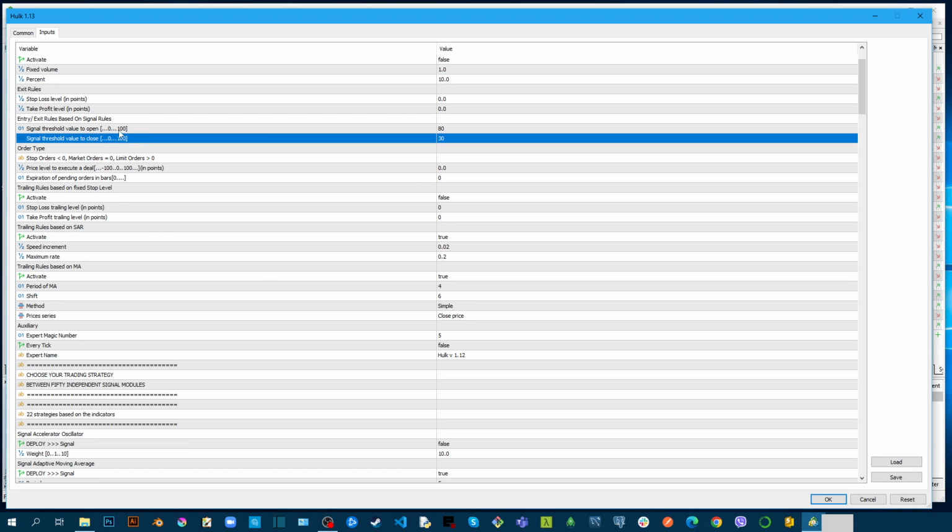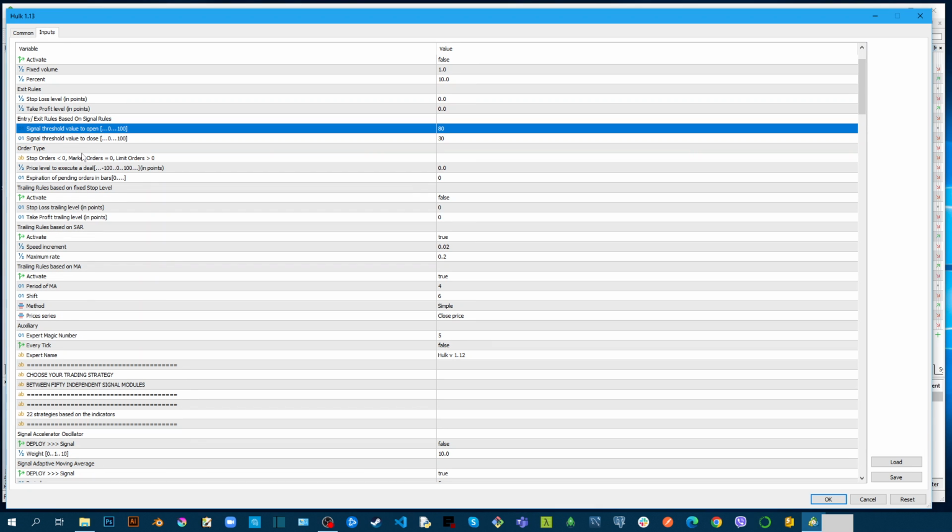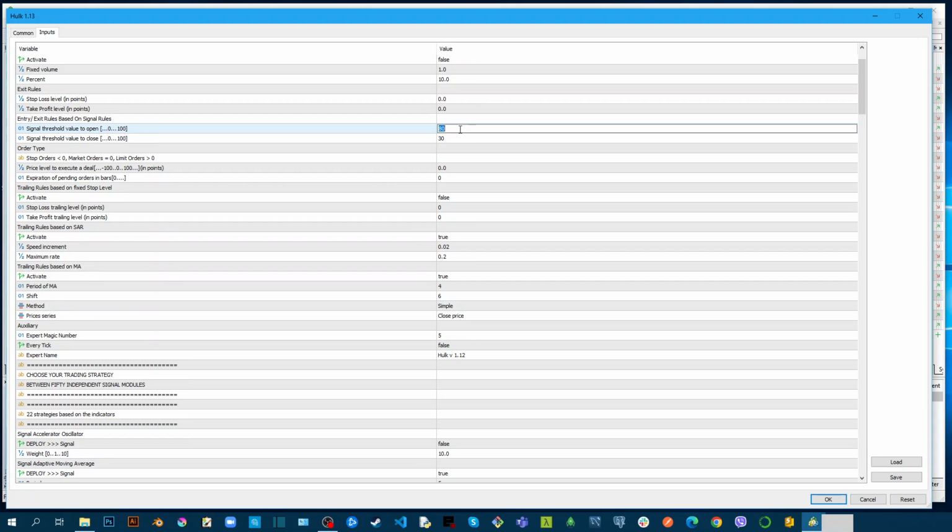So what do these two inputs mean? The first input is a signal value to open. That means you must choose some value here. If the number is higher, it means that the robot will open the position more easily, and vice versa.